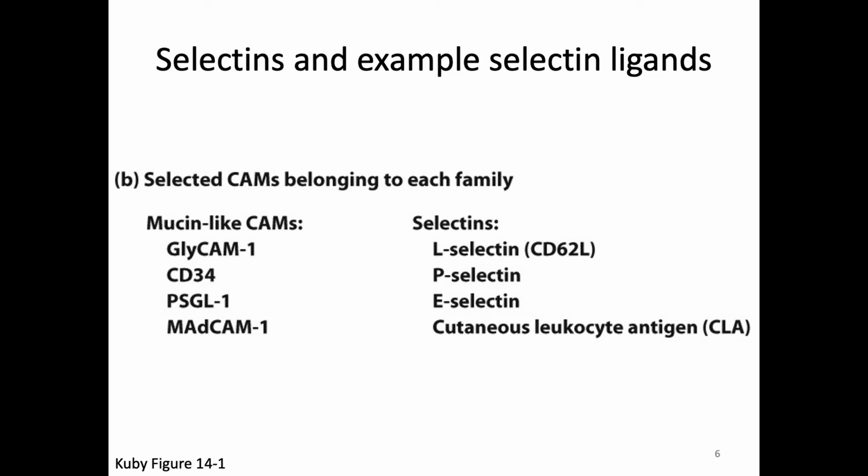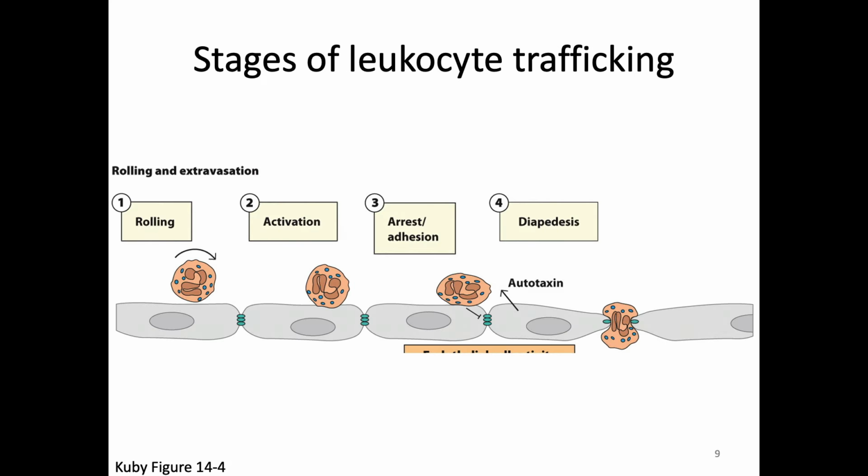Once our cell has started rolling, it now is ready to go for the second step in this process. This second step isn't as easy to show in a nice little video form, but it's actually really important.